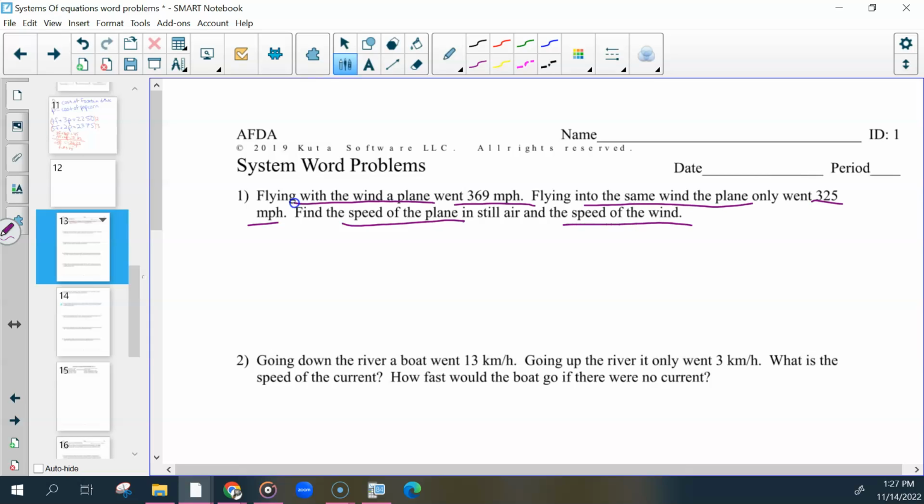So it tells us the 2 things we're looking for: speed of the plane, speed of the wind. Those are going to be your 2 variables. Call them what you would like. I'm going to use W and P to represent the wind speed and the plane speed.